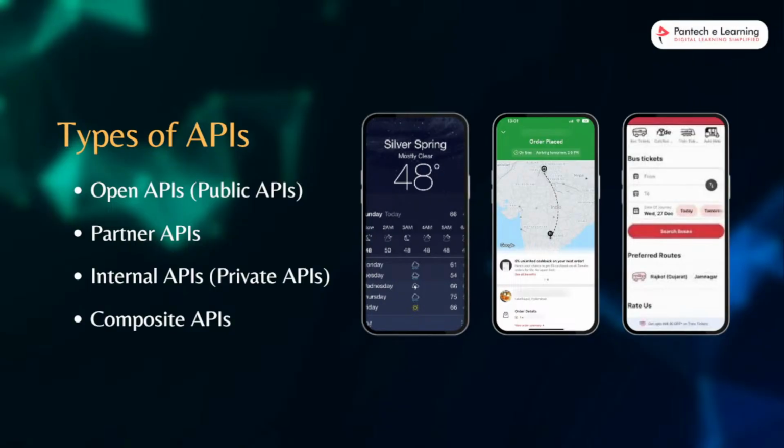Inside an organization we have multiple sectors. Google has a Gemini sector and a Google Lens sector separately. We pass our data between the different software inside our organization. That is called internal API. And composite API is which connects multiple software. That is called composite API.